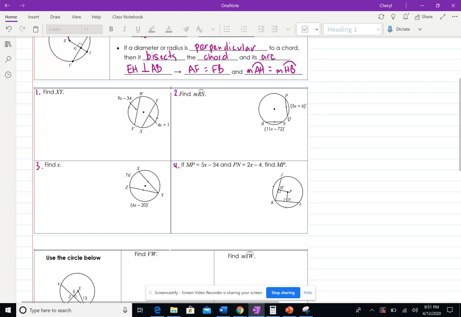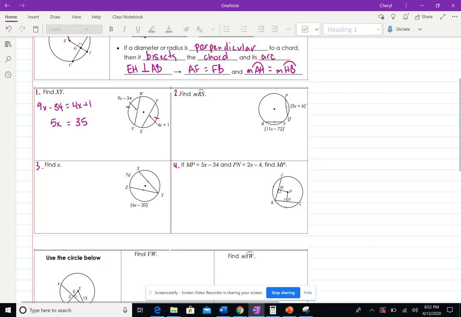Okay, number 1 says find xy. We have two congruent arcs, so that means we can set the chords equal to each other. So 9x minus 34 equals 4x plus 1. Let's subtract 4x on both sides, giving us 5x on the left, and add 34 to both sides, gives us 35 on the right.